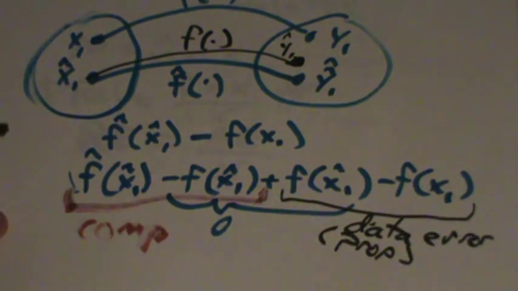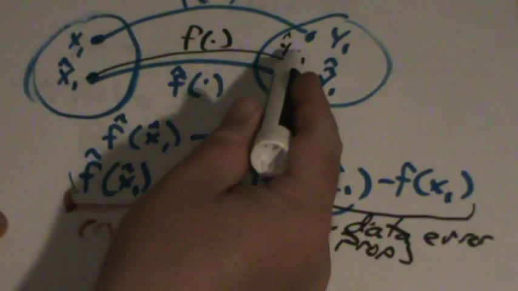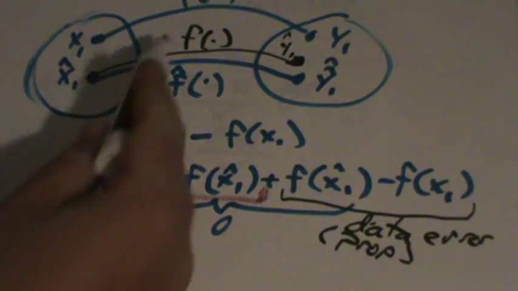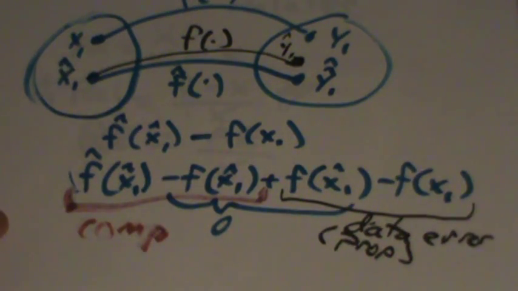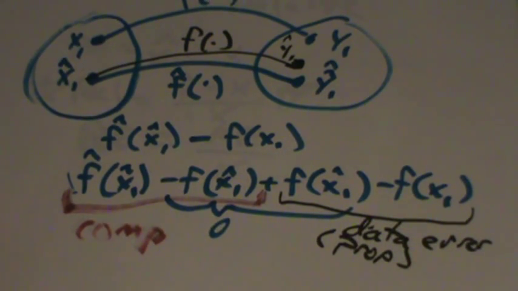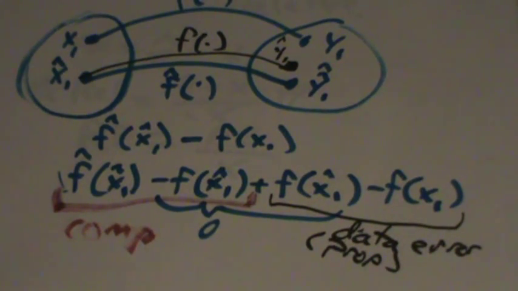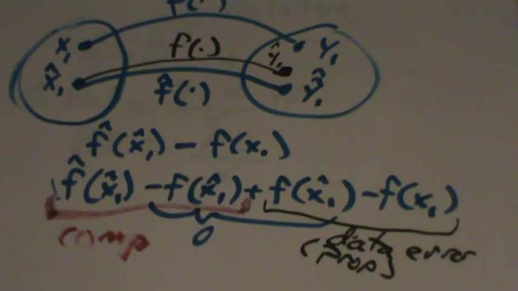That's what this one is measuring. And then this one is saying how far is that, based on just you used a different function. So it separates it out into its two pieces, which we're going to be concerned with. It's how bad was your data measurement, and this is giving you some idea of how bad your algorithm is doing that's doing the approximation. And that's our classic split up of these two.